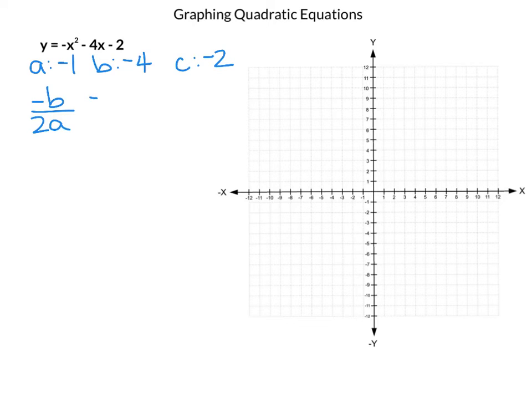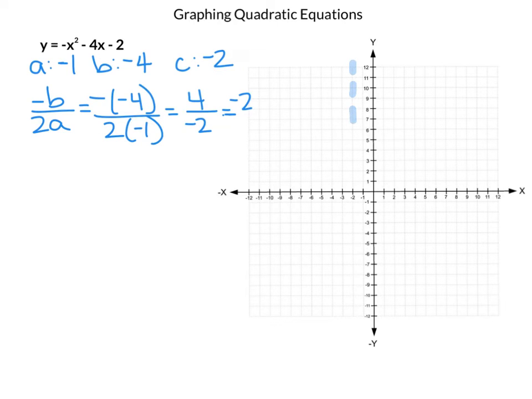So negative b would be negative 4 divided by 2 times negative 1. So that's going to be 4 divided by negative 2, which is negative 2. So I'm going to go back over here and mark my axis of symmetry at x equals negative 2. That's going to be the line that cuts down the middle of my graph.